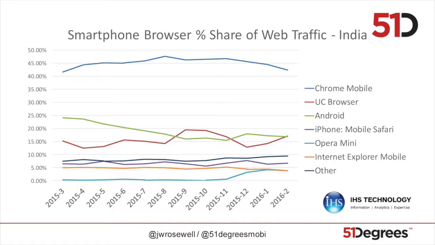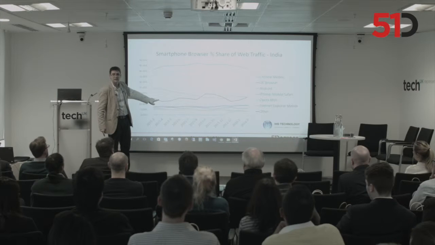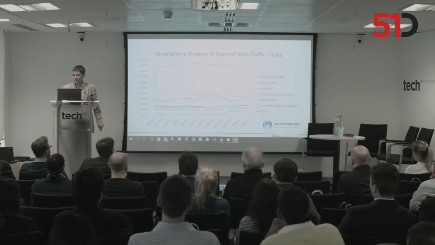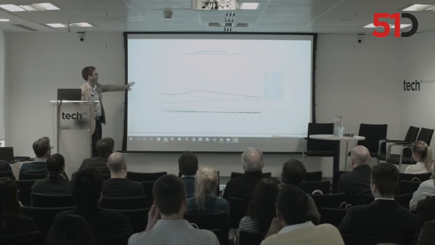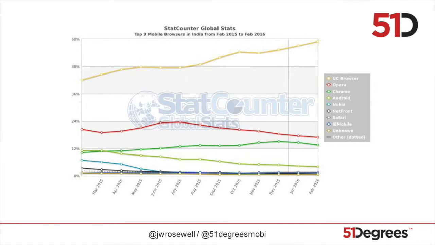So we have Chrome Mobile at the top there, but the next one under the Google ones is the UC browser. That's on our figures. If you use StatCounter, which a lot of you will be familiar with, UC Browser in India is now reporting nearly 60% of usage.